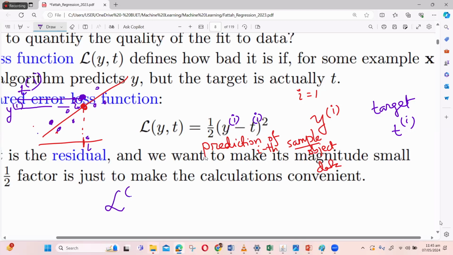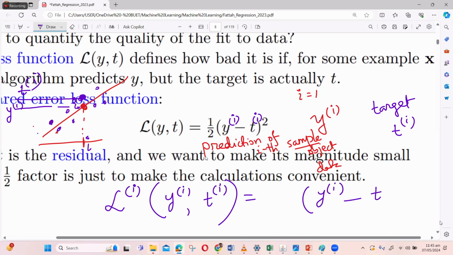So the loss function at the ith sample is the difference between the prediction at the ith sample and the target value at the ith sample. Generally, we square the difference so that plus and minus signs don't affect it.